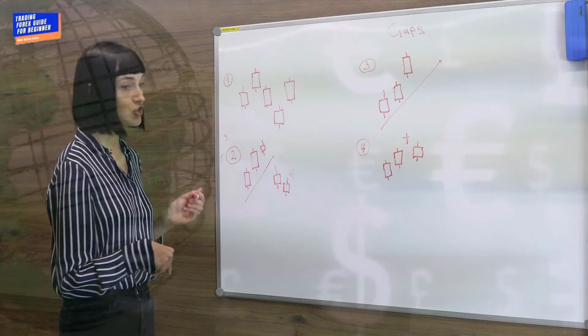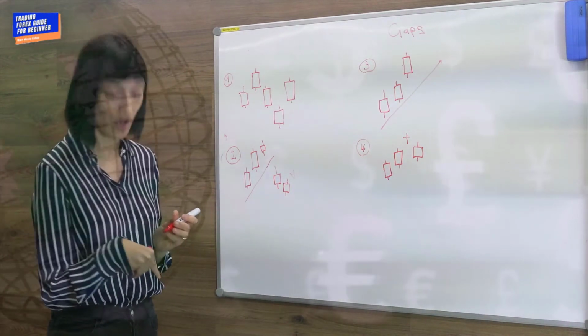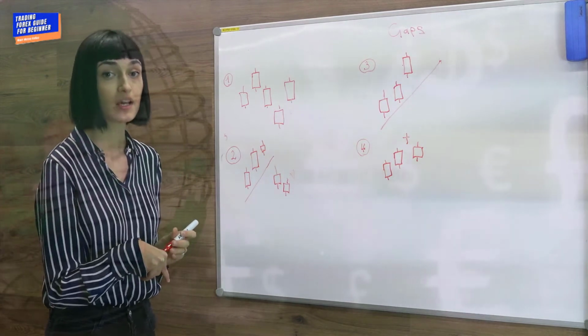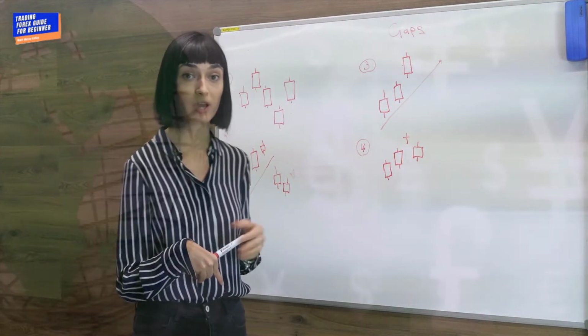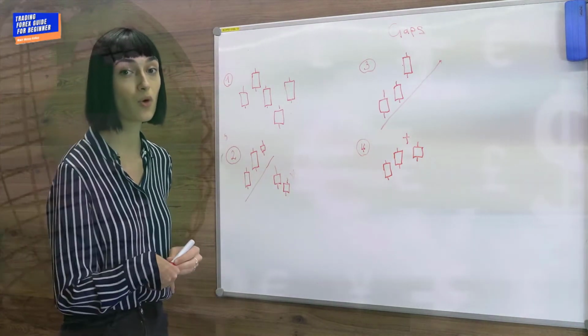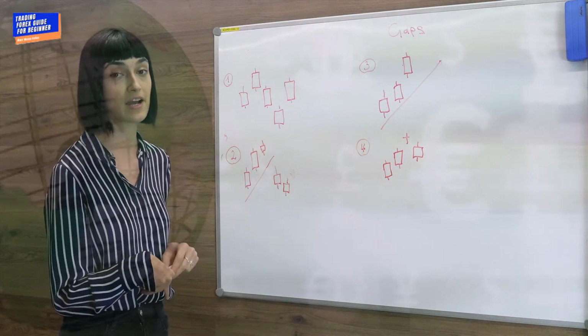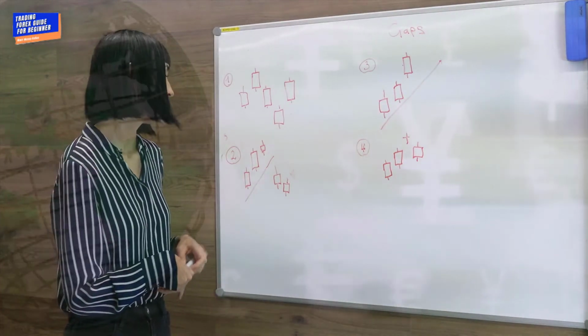Some classifications add a weekend gap, which appears after the weekend, and this type of gap is mostly relevant for stocks and for stock indices such as S&P 500 and Nasdaq.